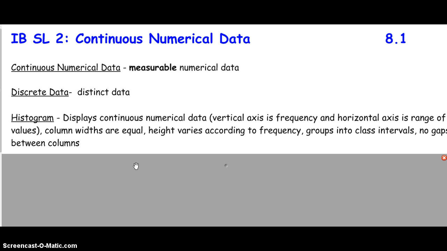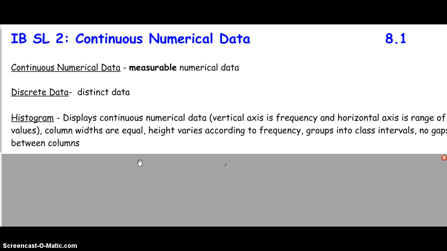Data is grouped into class intervals, and there'll be no gaps between the columns. There are two types of histograms. We can have just a frequency histogram, or the frequency histogram can be put in percentages, and that would then be called a relative frequency histogram.